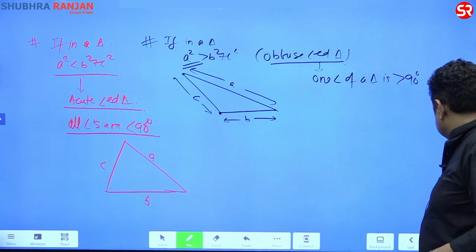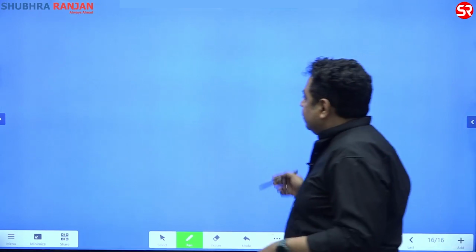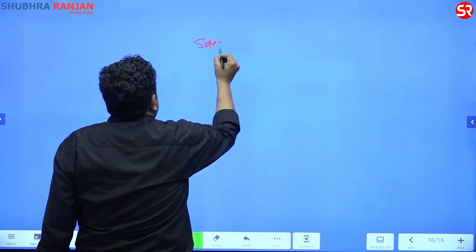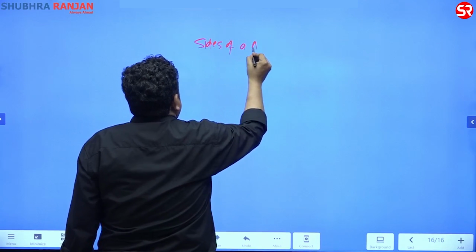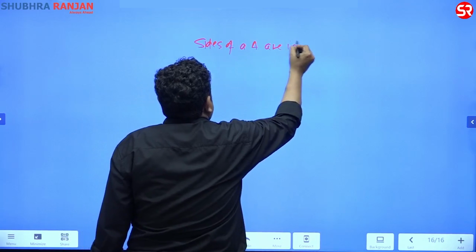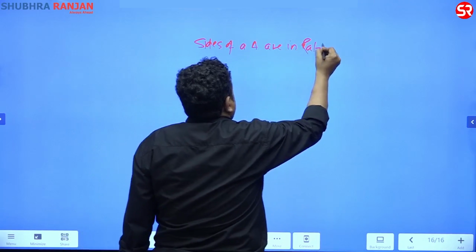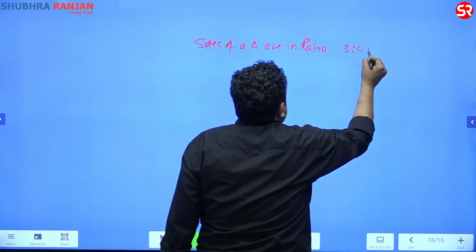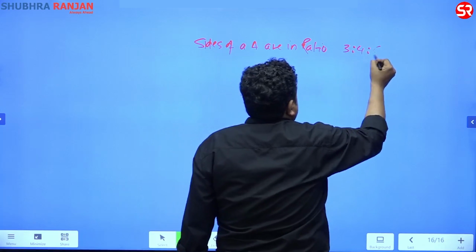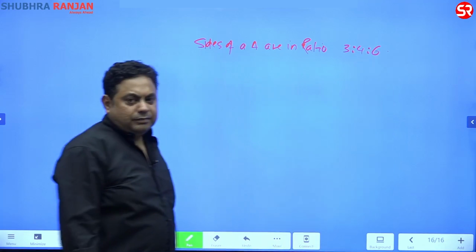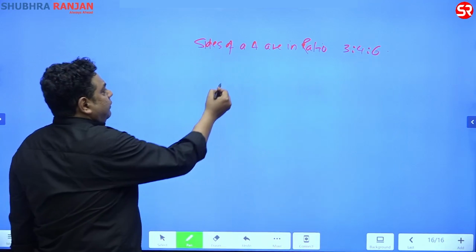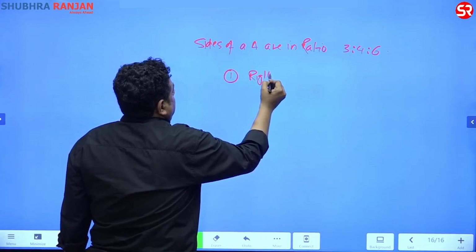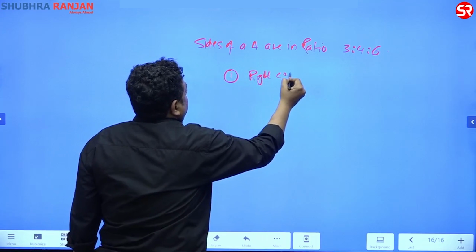Next, look. Again, if I say the sides of a triangle are in the ratio 3:4:6, then first, it's a right angled triangle.